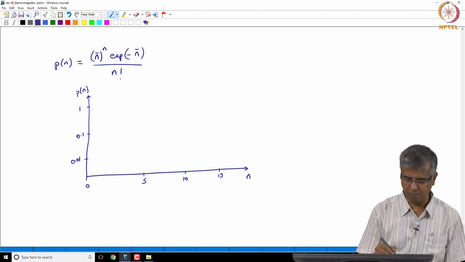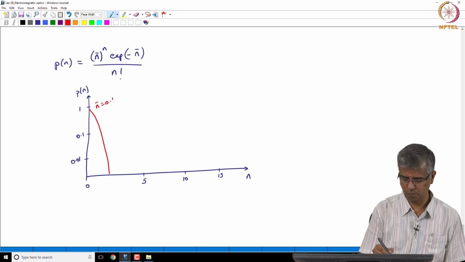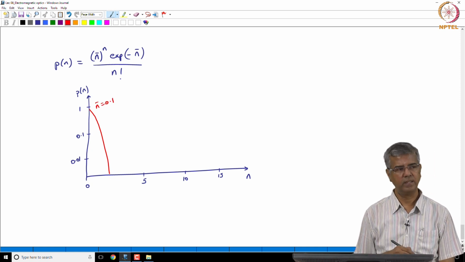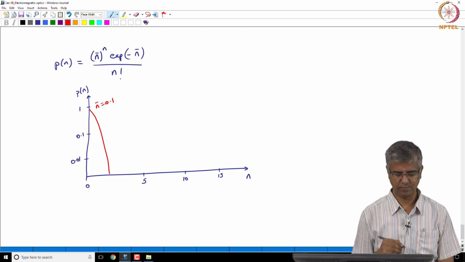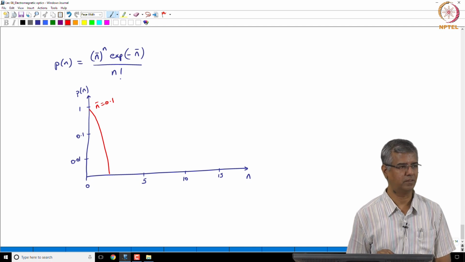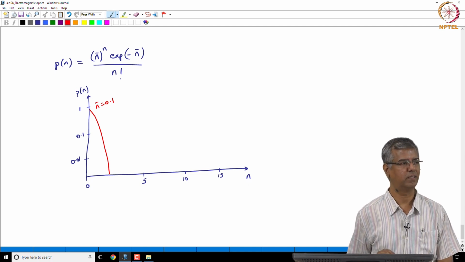Interestingly, if you plot this, you would find that you have a very good probability that you will find no photons in a given time slot.